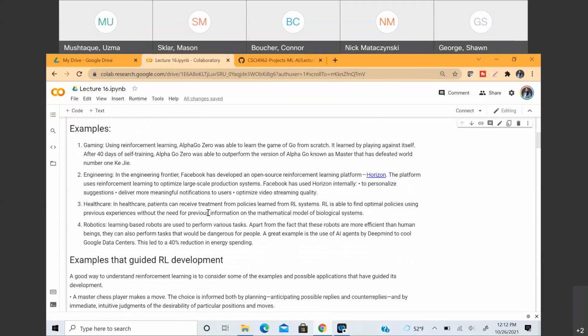In healthcare systems, there is again a surge in using reinforcement learning instead of supervised or unsupervised techniques, because without having a lot of data, let's say you have some policy. We'll come to that. A policy is something that maps your states to your actions.